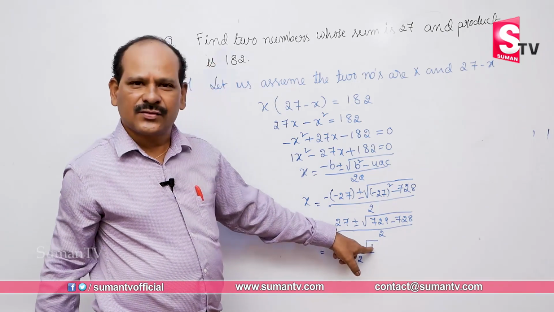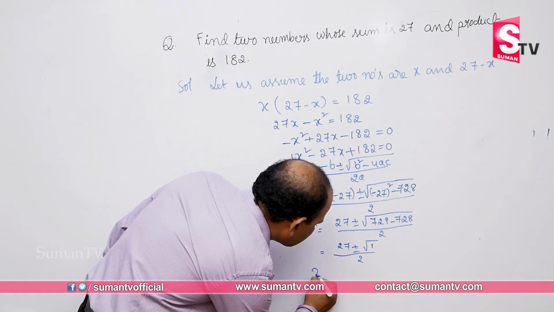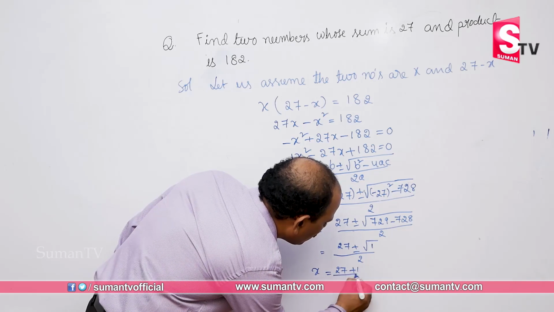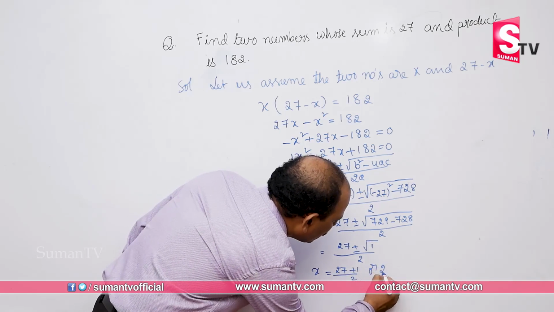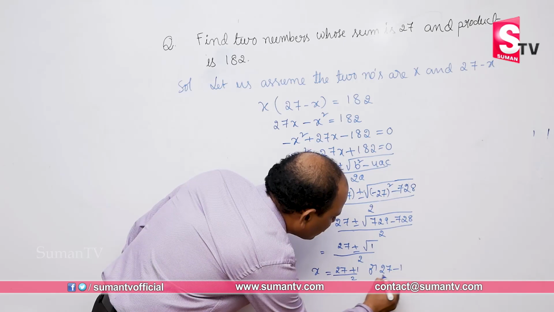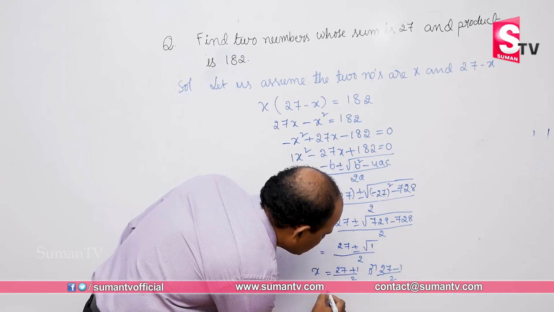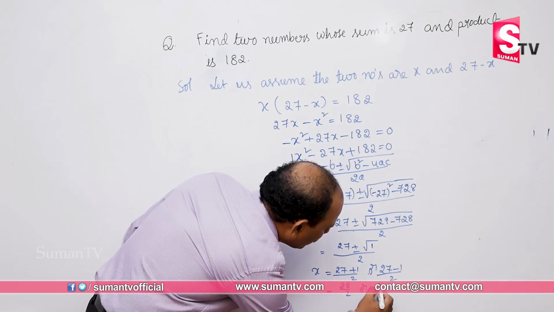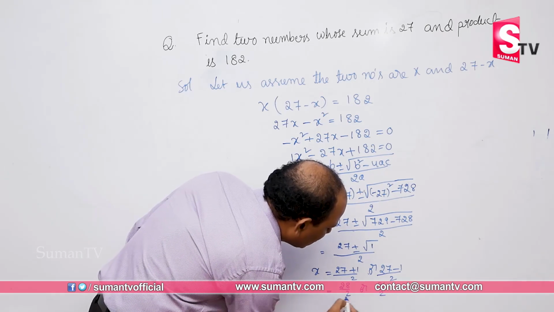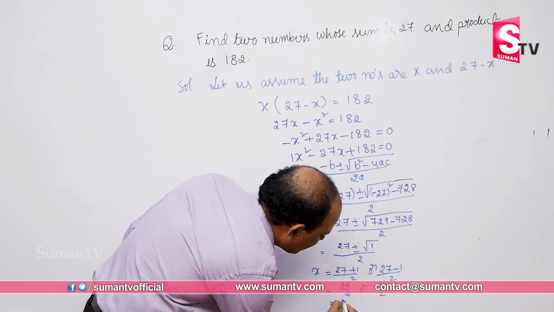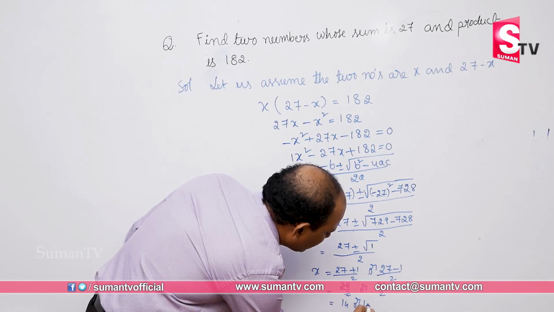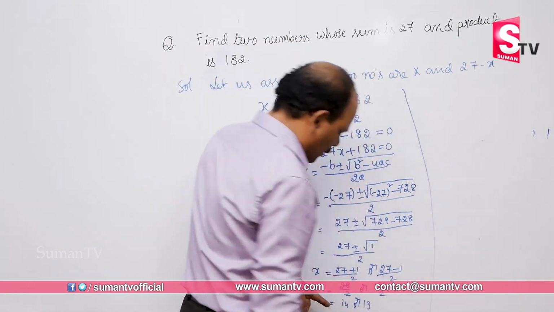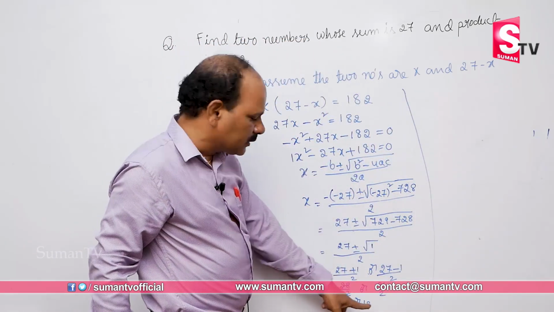Root 1 value is always 1. So x is equal to (27 plus 1) by 2 or (27 minus 1) by 2, which is 28 by 2 or 26 by 2. After cancellation, 14 or 13. So now we got the x value as either 14 or 13.